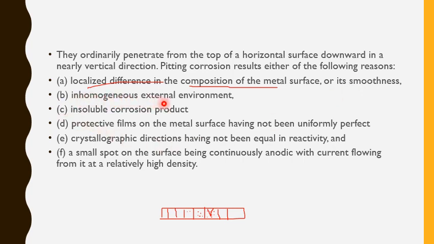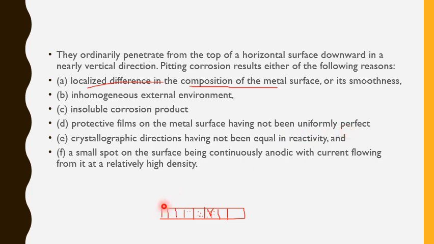The second one is inhomogeneous external environment. The environment which is in contact with this metal is not uniform. For example, here is more concentration of electrolytes, so here there will be more corrosion. On the other side, there is less concentration of electrolytes, so here no pits will be formed. Protective films on the metal surface not having been uniformly perfect.